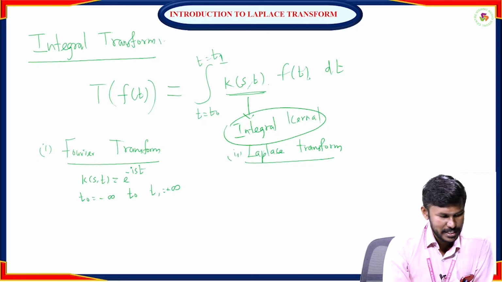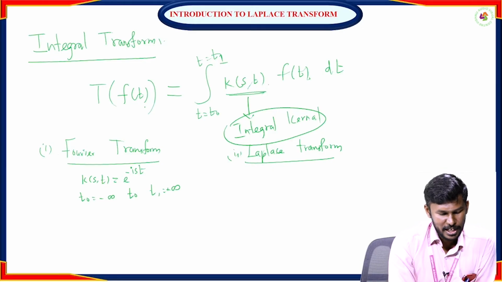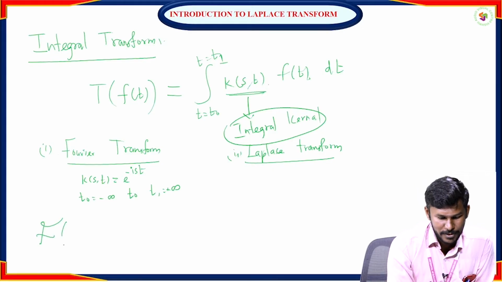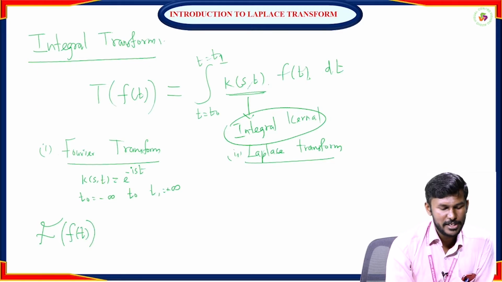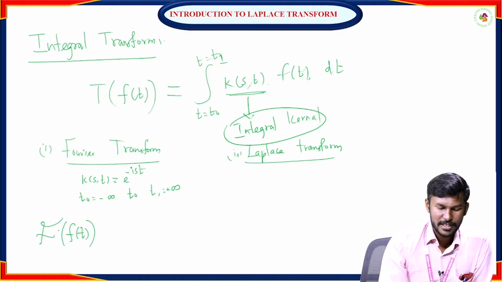So how can I write this transform? Actually it is T of f of t. For Fourier, I give another notation, just F of f of t. It is also a transform, just a notation for understanding the Fourier transform; I introduce this symbol F.